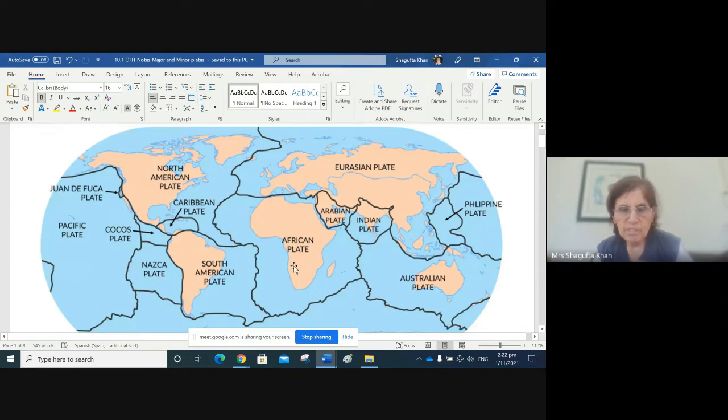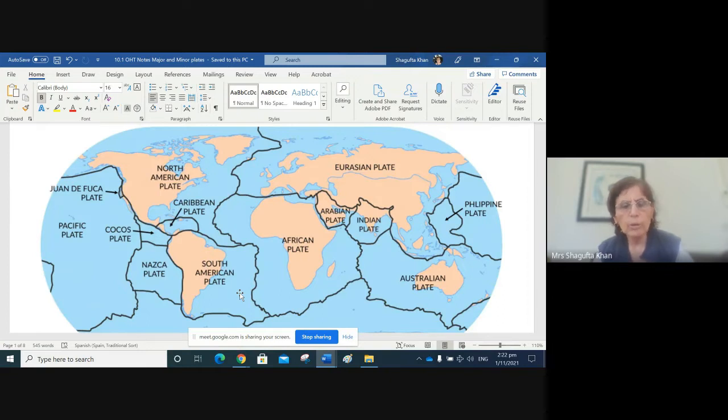And if we put them together, they will fit like a jigsaw puzzle. What it means is that millions of years ago, they were actually part of one continent. And that's a lesson which will come up a little bit later. I think that was a lesson on the Friday that you have already done.